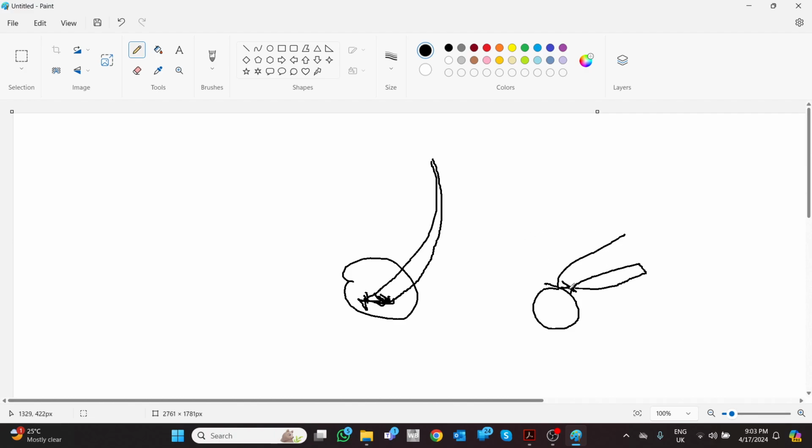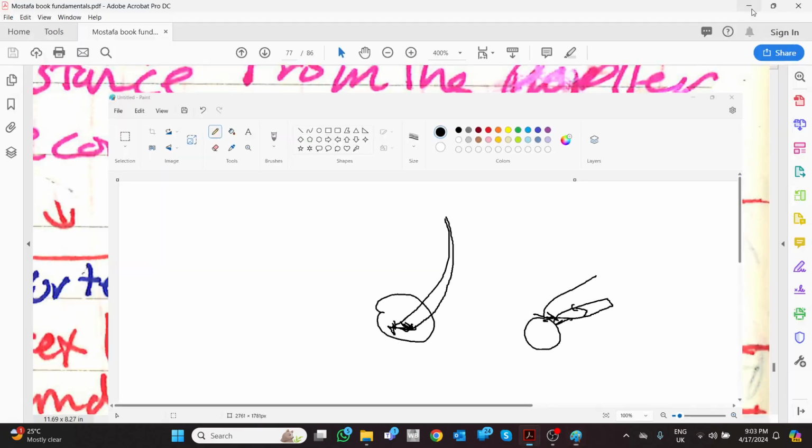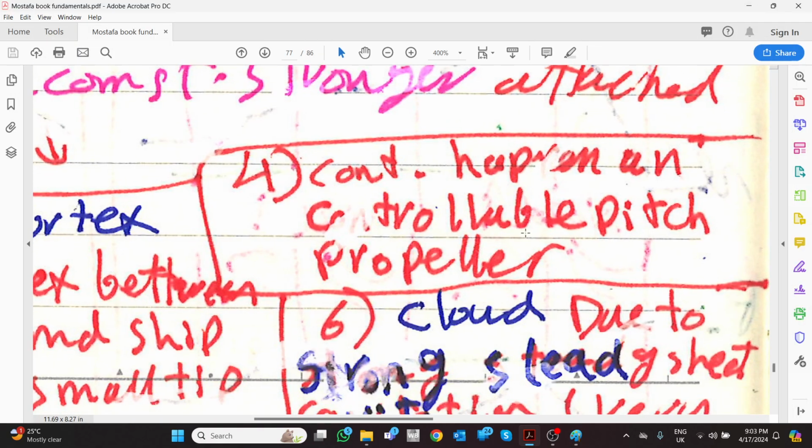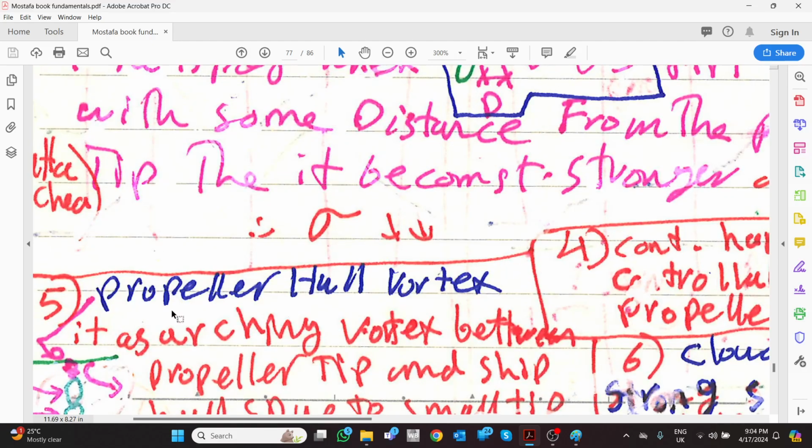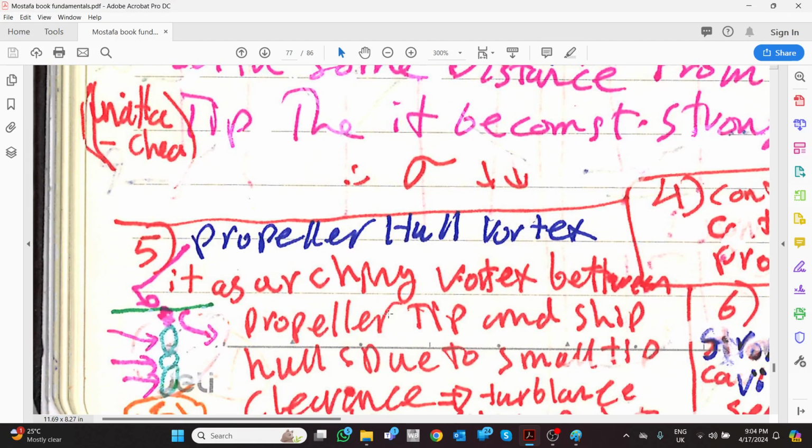It can rotate on each axis like this to change the flow parameter and the head parameter. When you do this, you make a twist, which creates that horseshoe vortex. So it happens in this kind of propeller.